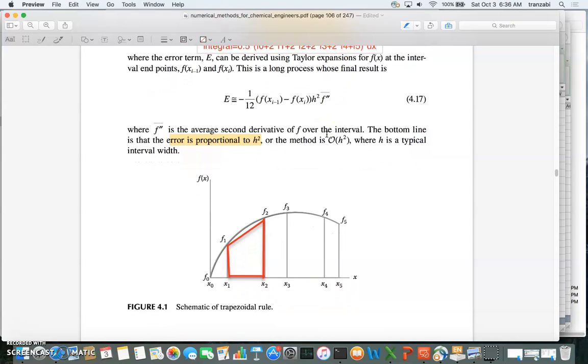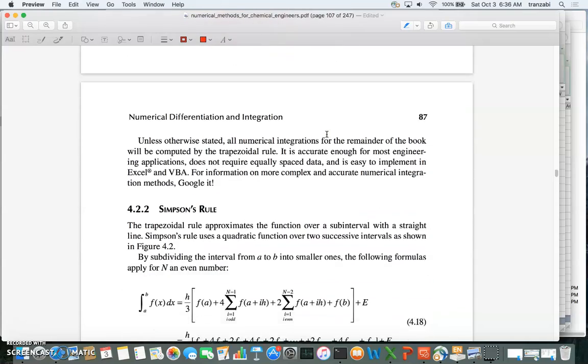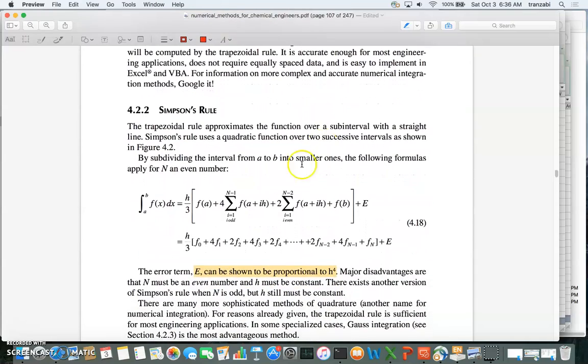Okay, now compare that with the Simpson rule. Simpson rule is a bit different. It says the coefficient for the first point is 1. Coefficient for the last point is 1. Then the even ones, f2, f4, all the way to fn minus 2, the even ones have coefficient 2, and the odd ones have coefficient 4, like f1, f3, and f5, and so forth, right?